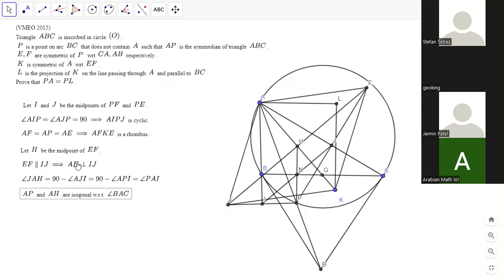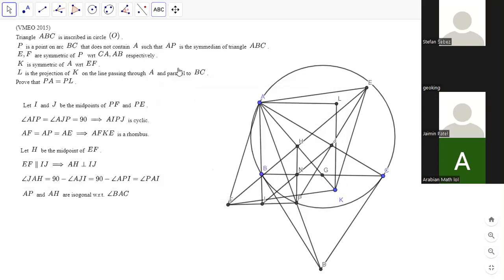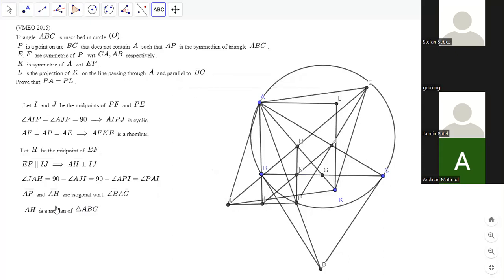Actually, let me just replace it. Yeah, I'll just say AH is a median, since AP is the symmedian.